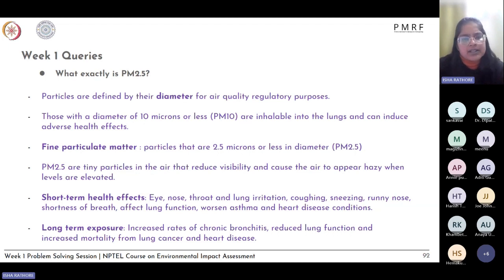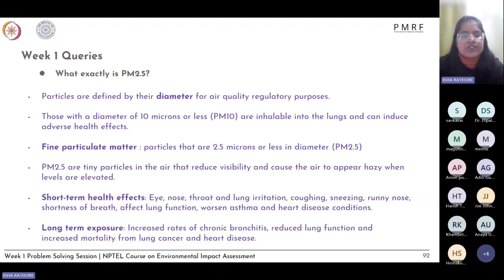These are tiny particles in the air which reduce the visibility of things in front of us and cause the air to appear hazy when levels are elevated. It gives you that fog kind of effect, but it's not dew particles which are present, it's particulate matter. It can lead to short-term health effects like eye, nose, throat, and lung irritation, coughing, sneezing, runny nose, and shortness of breath.